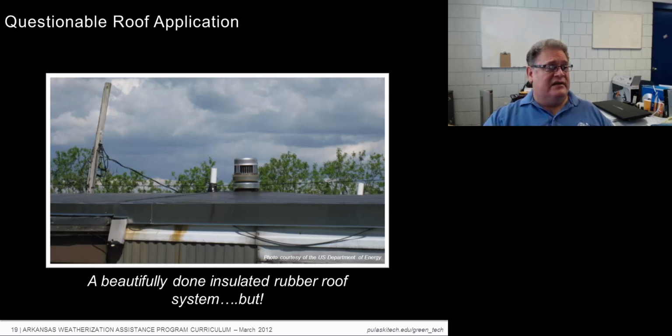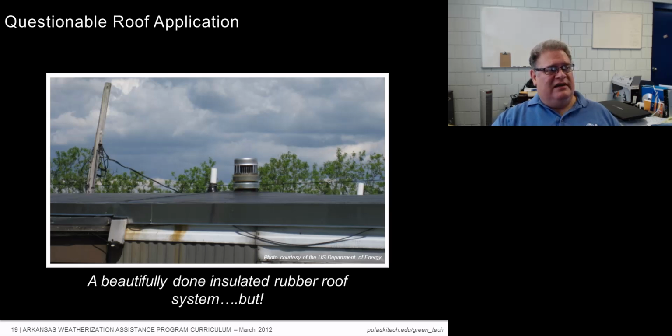It's nearly $3,000, and it's got sheets of 2-inch R12 extruded polystyrene insulation, which accounted only for 15% of the cost. Okay. In addition, the rubber roof membrane is black, and it has no reflective value. So if this is in the south, we just turned this thing into an easy bake oven, didn't we?